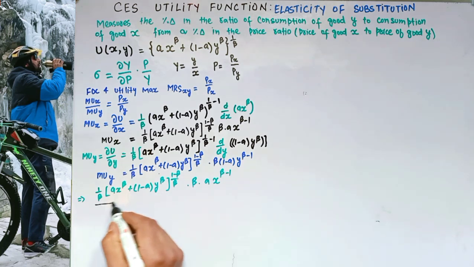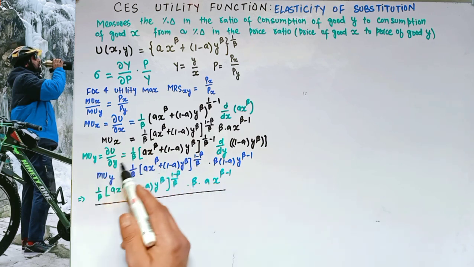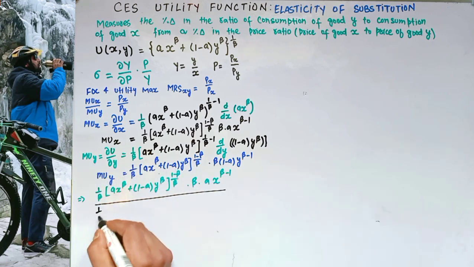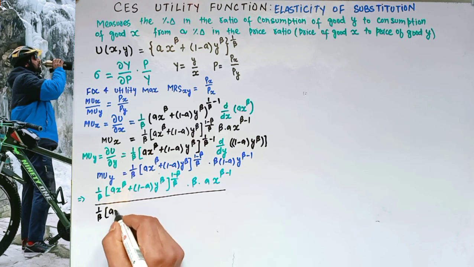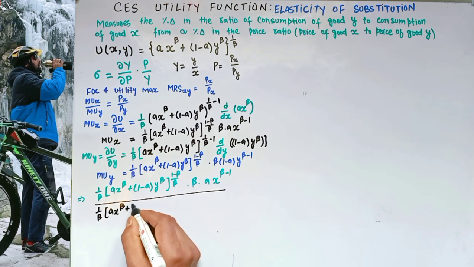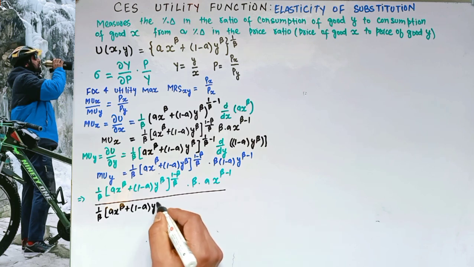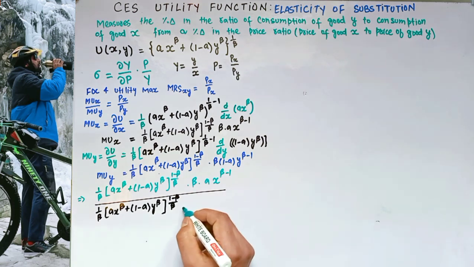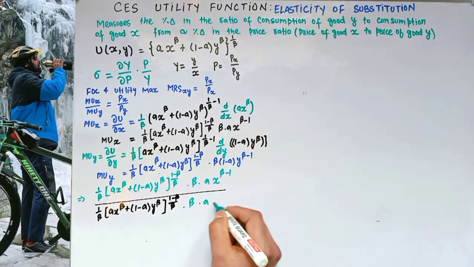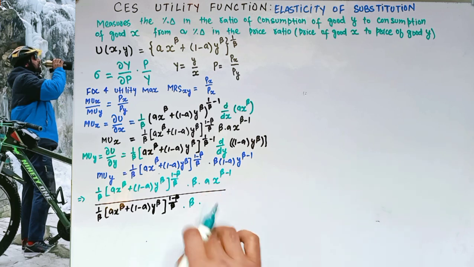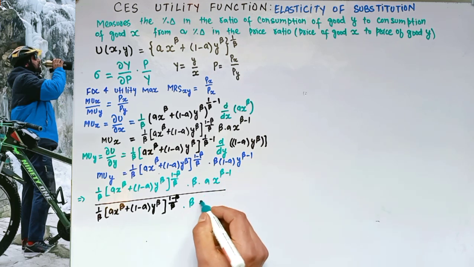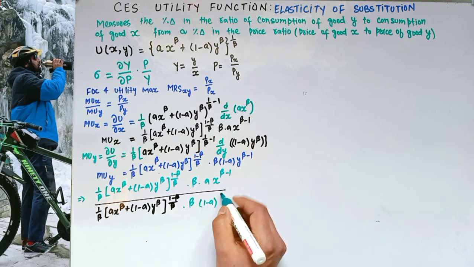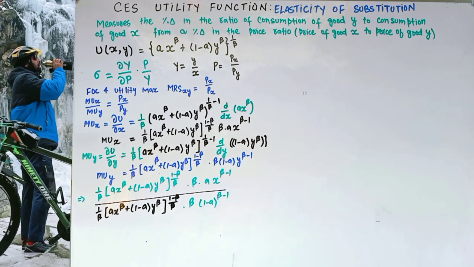To this we divide the marginal utility of good y, which is 1 upon beta, a x raised to the power beta plus 1 minus a y raised to the power beta, whole raised to the power 1 minus beta divided by beta, times beta, then we have 1 minus a raised to the power beta minus 1.